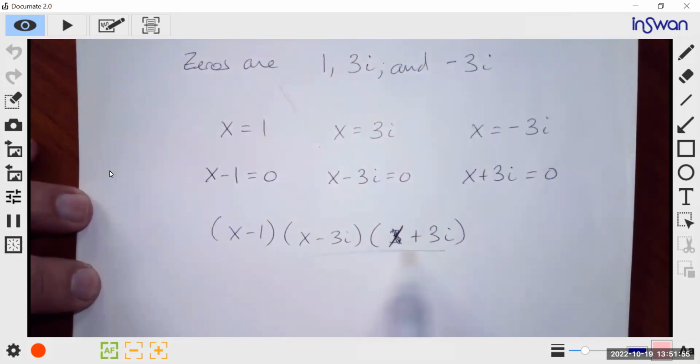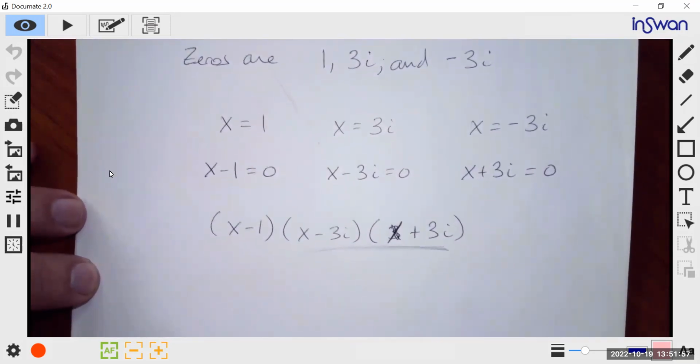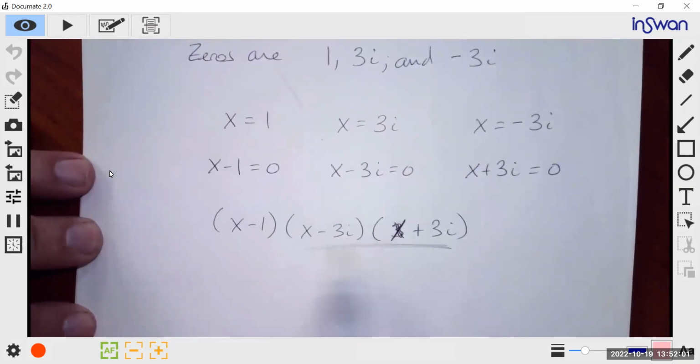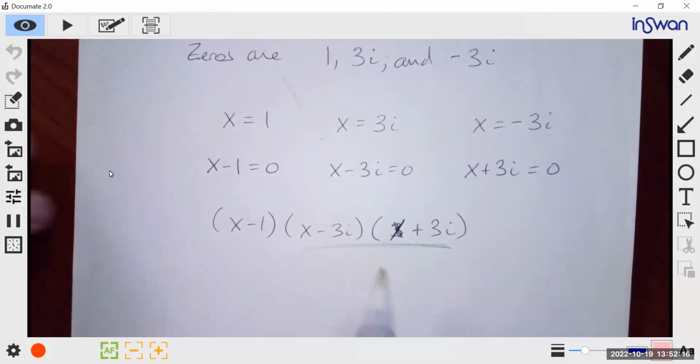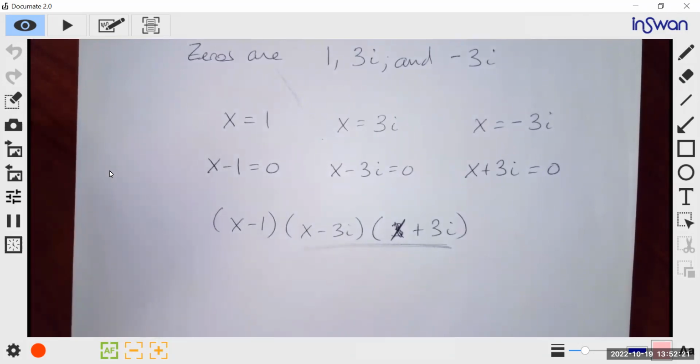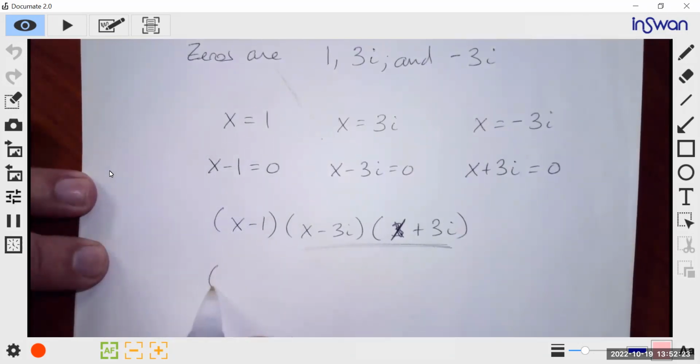Multiply these two together first. I don't know if you remember when we did complex numbers, but when you multiply these together, what do you notice about these two binomials? Except the signs, they're conjugates of each other. And we learned when you multiply conjugates together, what happens? Well, let's see then.